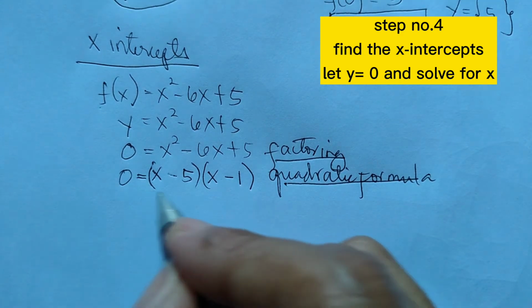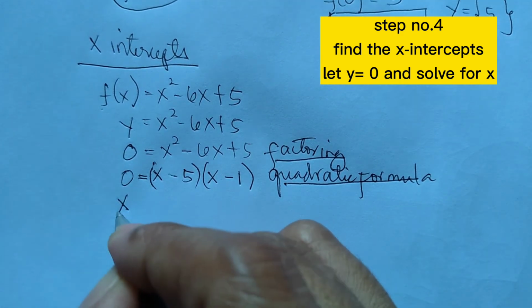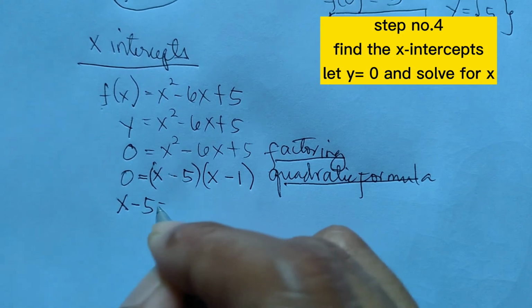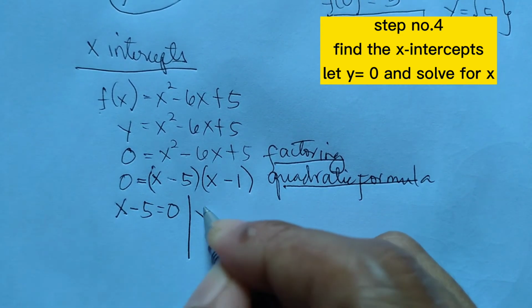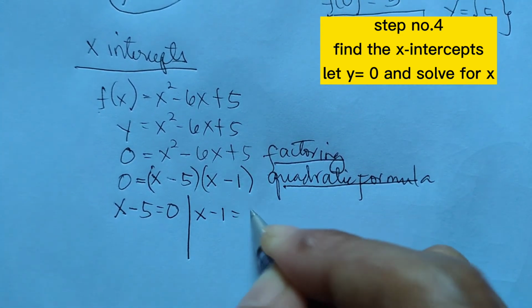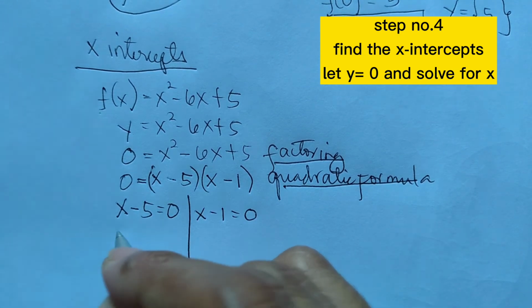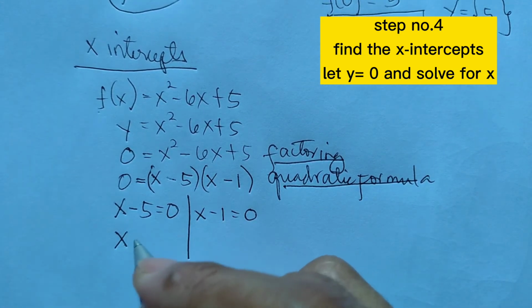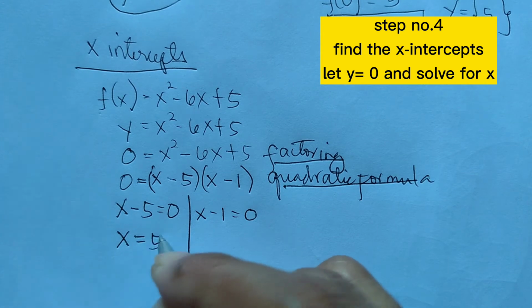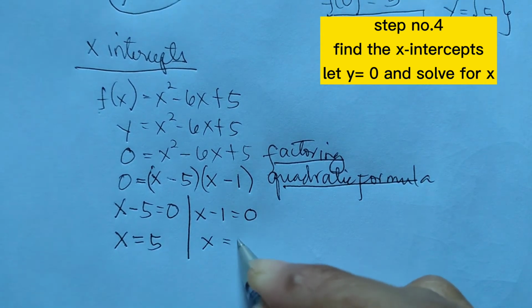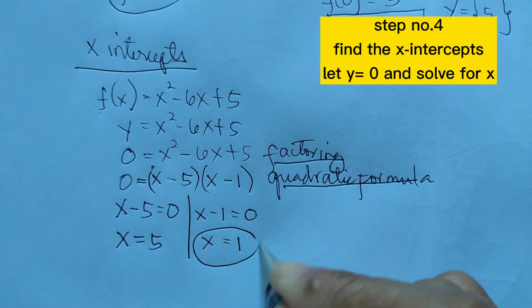So, since the factors are correct, we can equate each factor with 0 and then solve for the value of your x. So, x is equal to transpose negative 5, that becomes positive 5. We have x is equal to positive 1.